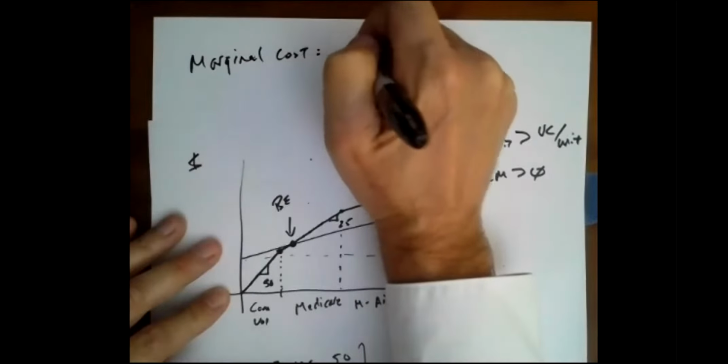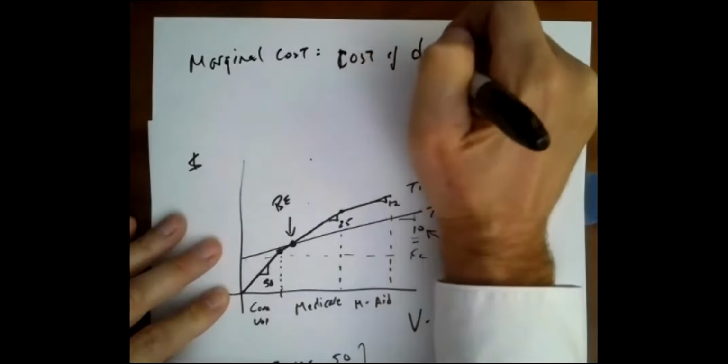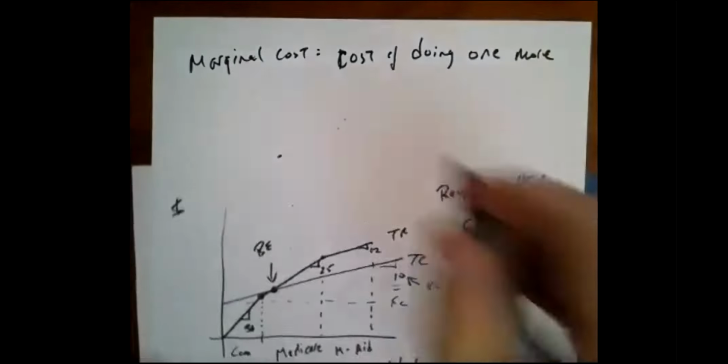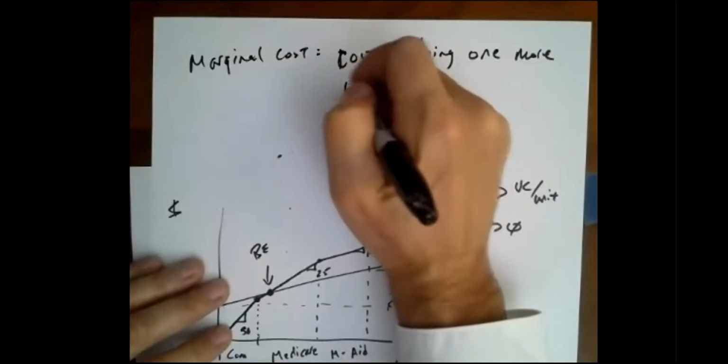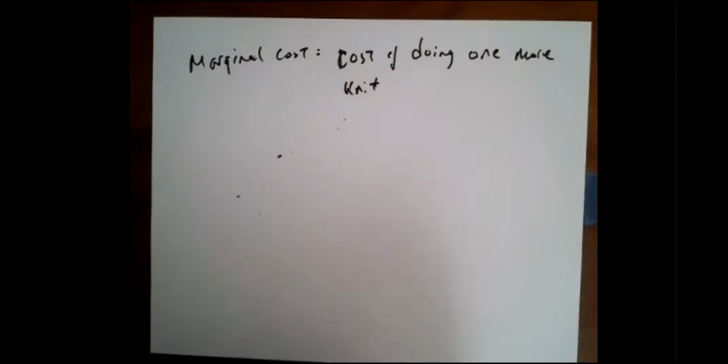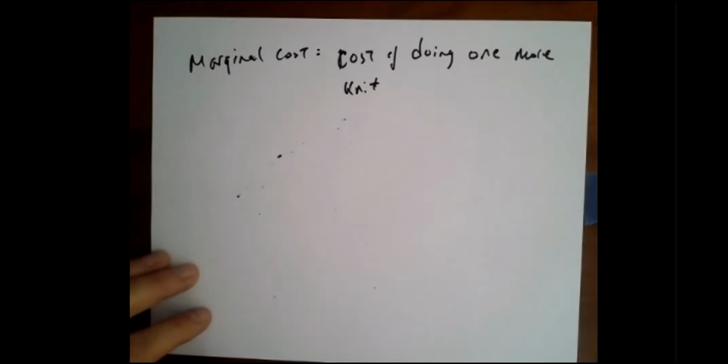So Medicaid tries to set pricing right at or just slightly more than the marginal cost, or the cost of doing one more. Marginal cost means the cost of doing one more unit. So one more visit or one more test in this case. Okay. All right.